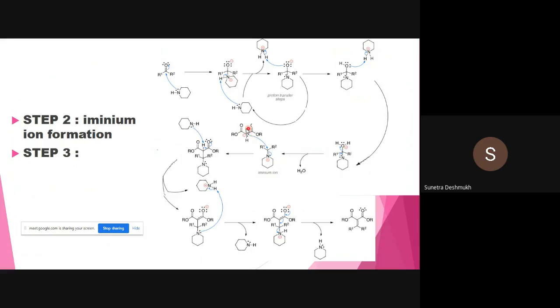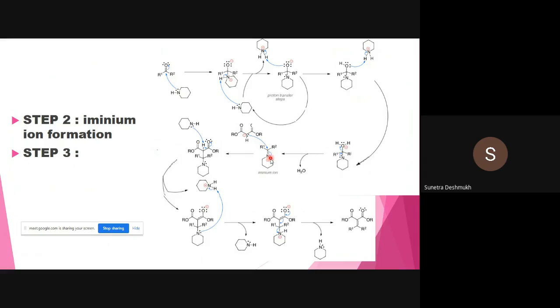Here is our enolate, whatever we have generated in the first step. This enolate we have to react with the iminium ion. So here we have to generate the iminium ion by reaction of the piperidine and aldehyde. We do the reaction between the piperidine base catalyst and the aldehyde to generate this iminium ion.